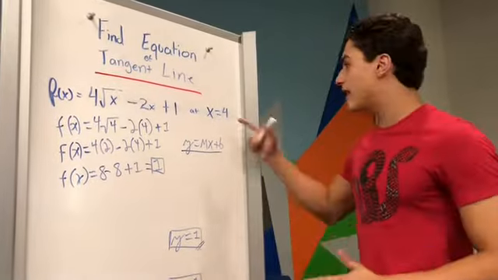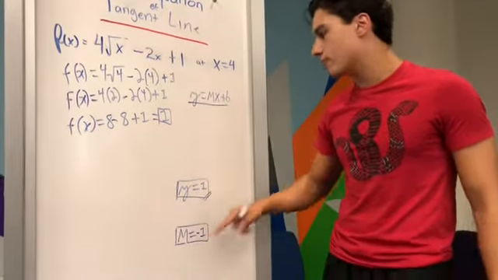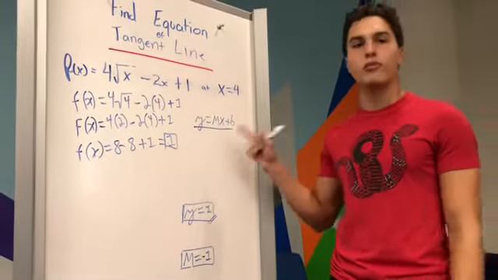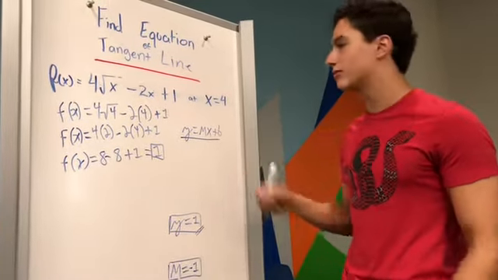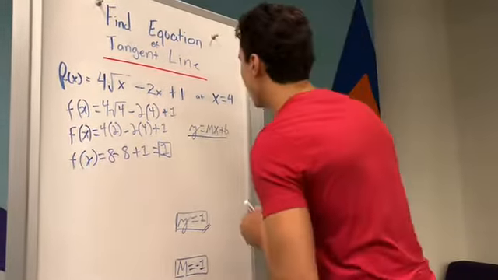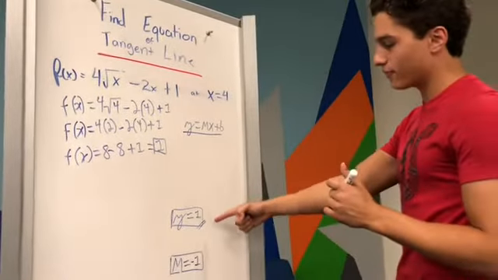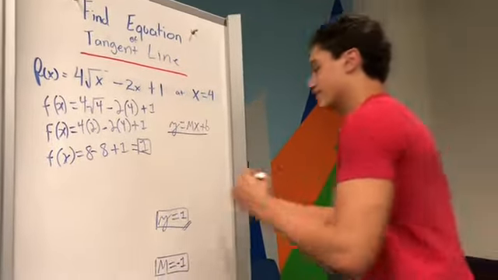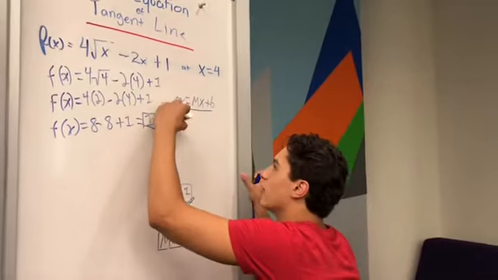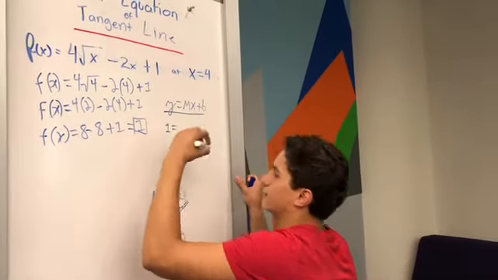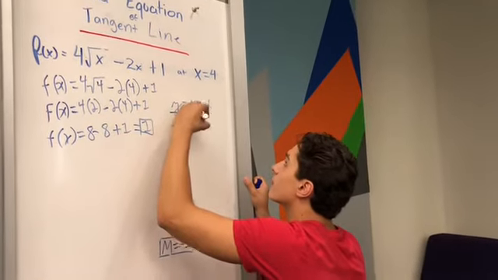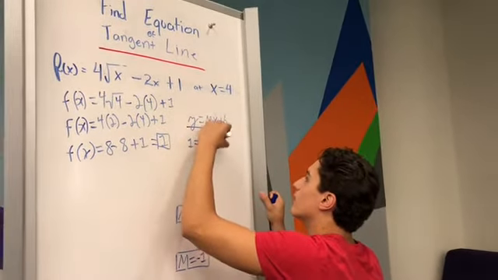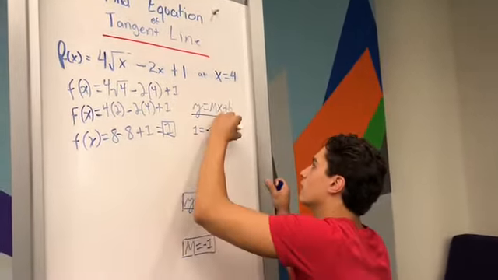Now that we have the x, the y, and the m, we need to get the b. And this is the formula to get the variables. So now we have to plug in the y, the m, and the x. So it's gonna be 1 equals the m, negative 1, times 4, that is the x over here, plus b.